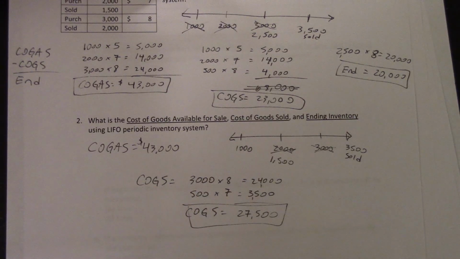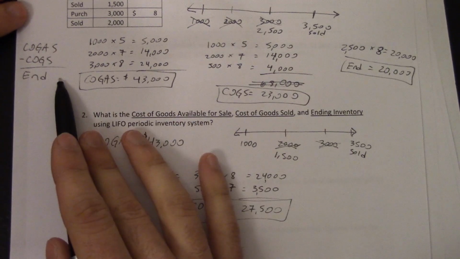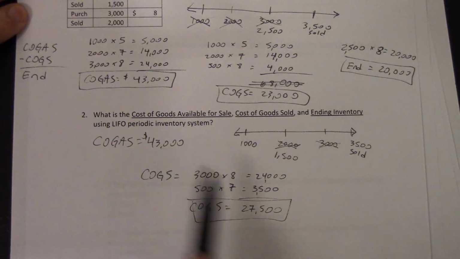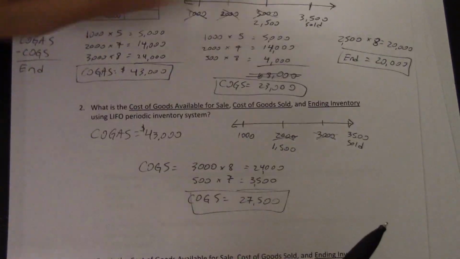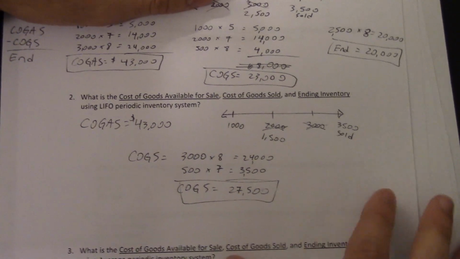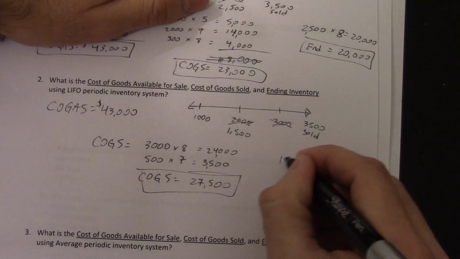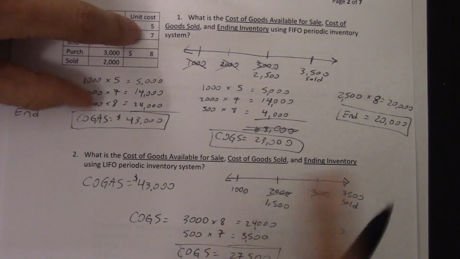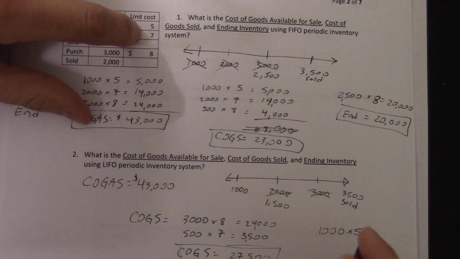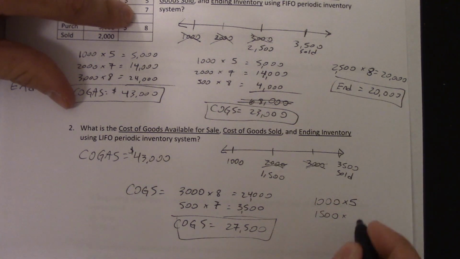And so to figure out ending inventory, we can use this relationship, cost of goods available for sale minus cost of goods sold to give us ending inventory, or we can just figure it out using our timeline. We have 1,000 units remaining that each cost $5, and we had 1,500 remaining at a cost of $7.